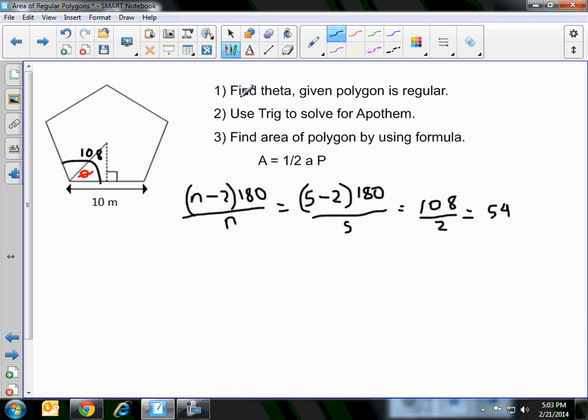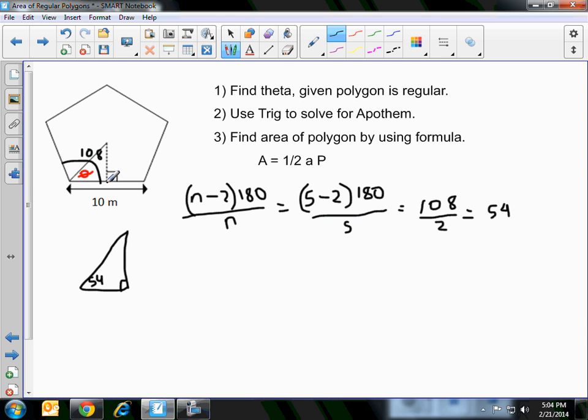So there's step 1. The second thing that I'm going to do is now use trigonometry, because I have now a little triangle here. There's my right angle, as the apothem hits one of the sides at always 90 degrees. And my theta now is 54. As in the last video, I talked about the side length.